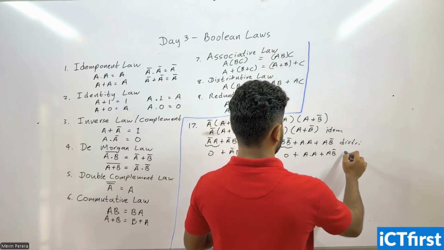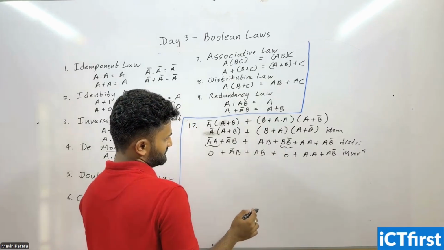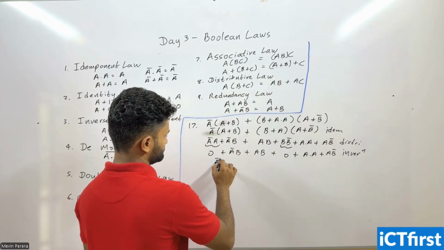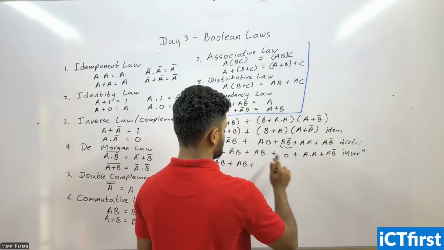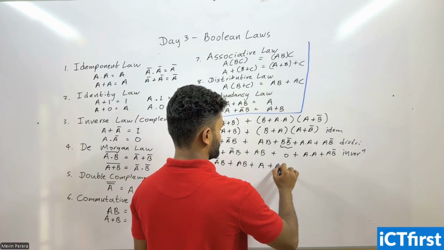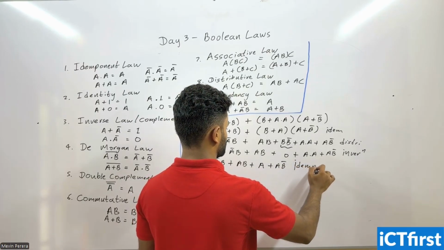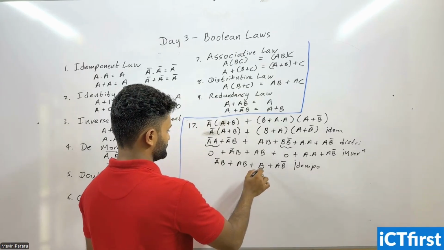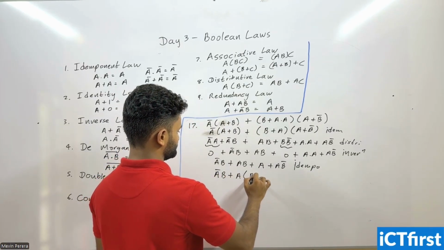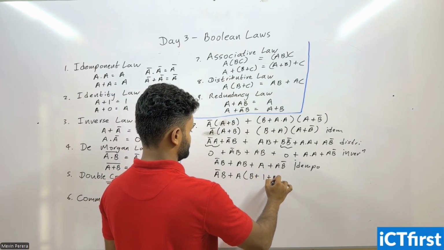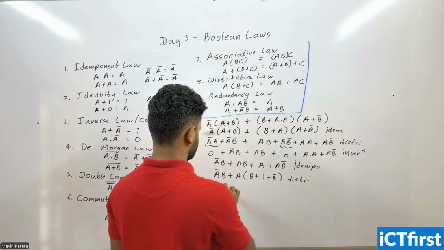So the rule was the inverse law. Then after that, this one, the law is the idempotent law. I take A outside. Distributive.